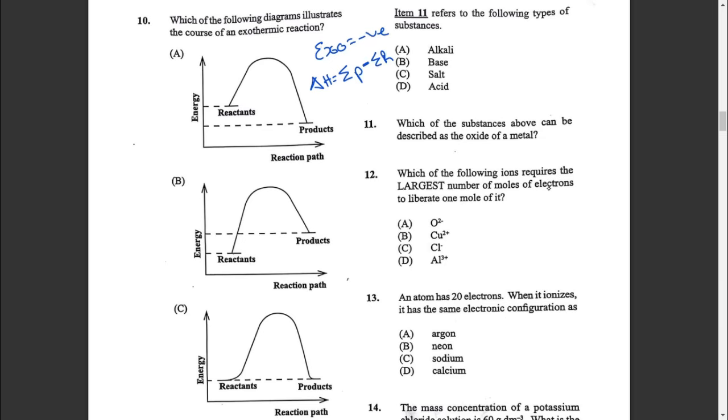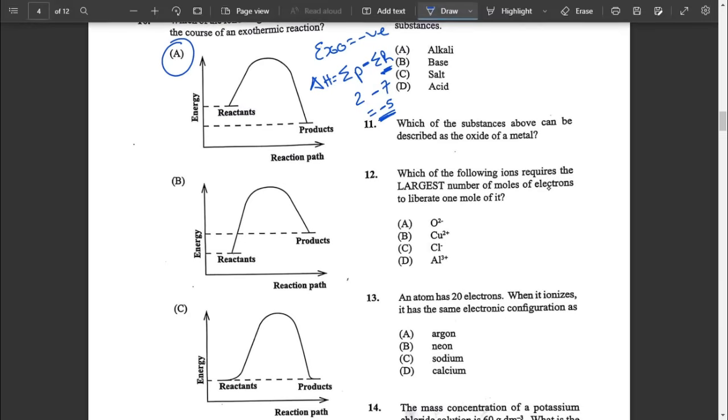Now, for us to get a negative value, the energy of the reactants must be greater than the energy of the products. For example, if the product is 2 and the reactant is, let's say, 7, then an overall value of -5 will be obtained for an exothermic process. So the energy of the reactant must be higher than the energy of the product, and that is A.